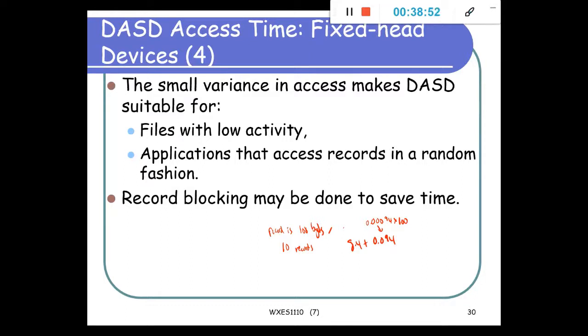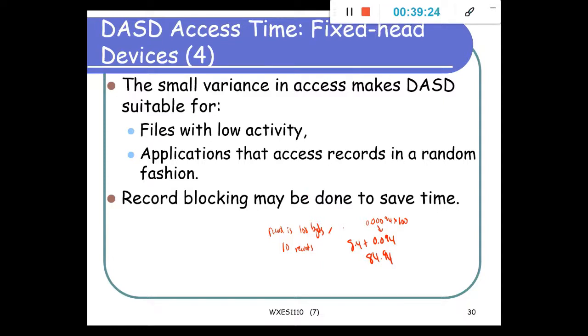So the total access time is 8.494, which is 84.94 for one record. The small variance in access makes DSD suitable for files for low activity applications that access records in a random fashion. So record blocking may be done to save some time.